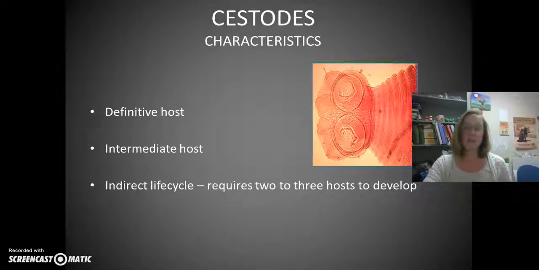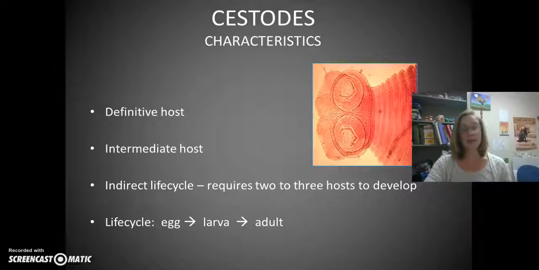If we have an intermediate host involved in the life cycle, that means that this life cycle is considered indirect. It requires 2 or 3 hosts to develop from an egg to an adult. And so the general life cycle stages of a cestode are egg, larva, to adult.